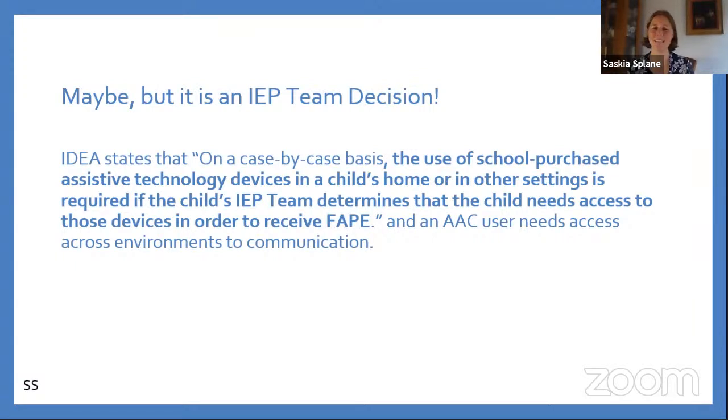IDEA states that on a case-by-case basis, the use of school-purchased assistive technology devices in the child's home or in other settings is required if the child's IEP team determines that the child needs access to those devices in order to receive FAPE. And an AAC user, I would argue, needs access across environments to communication. Now, I know there are users who choose not to use it at home.